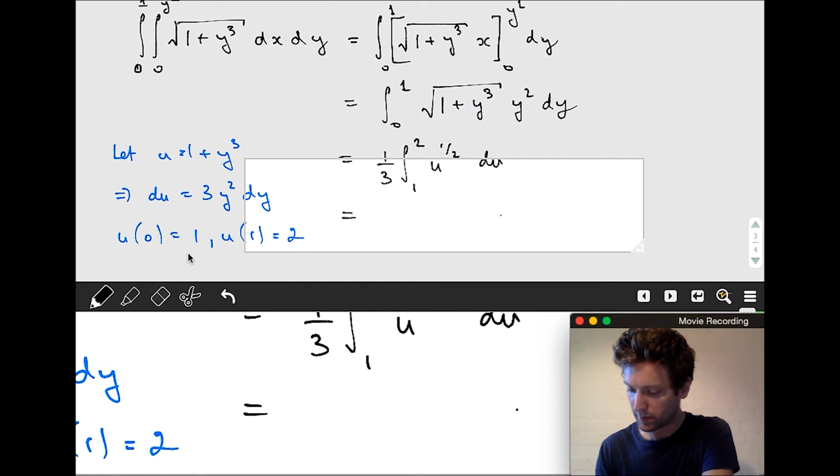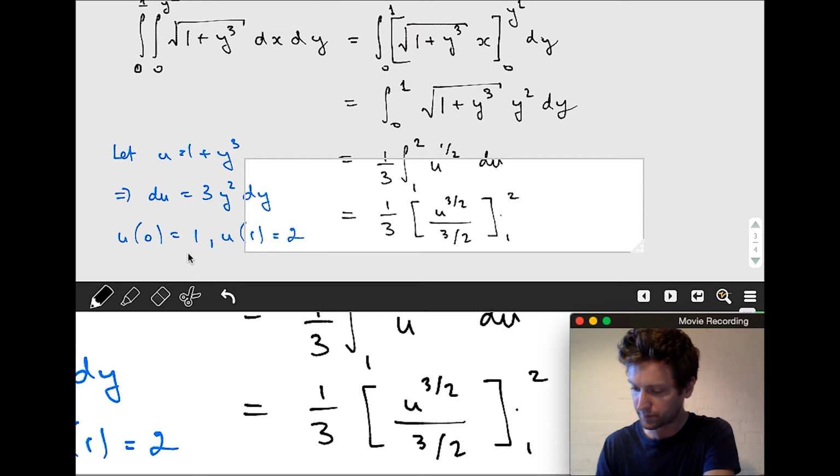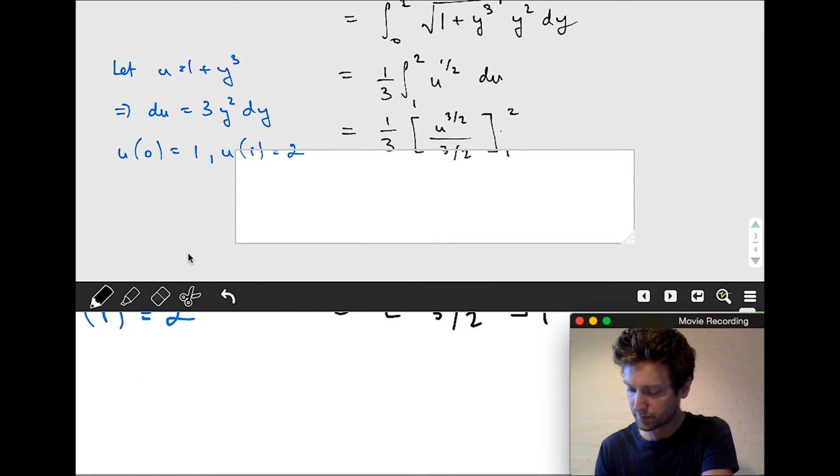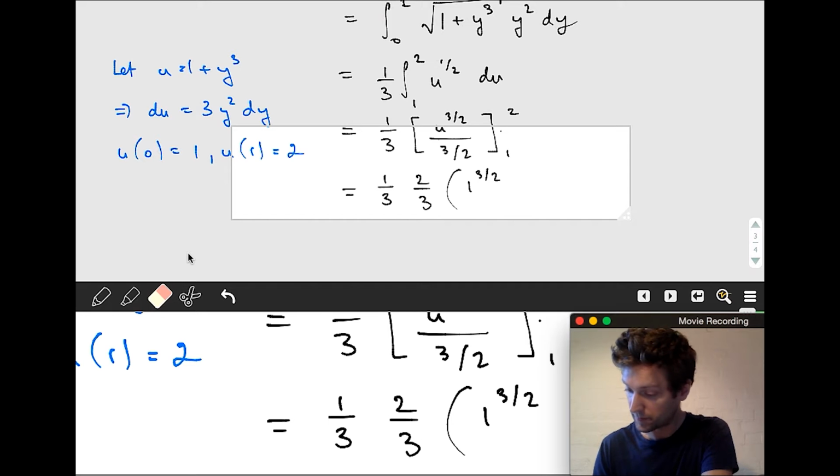So we can do that integral. It becomes 1/3 times u to the power of 3 over 2 divided by 3 over 2, from 1 to 2. So we get 1/3 times 2/3 times, sorry, 2 to the 3 over 2 minus 1 to the 3 over 2.